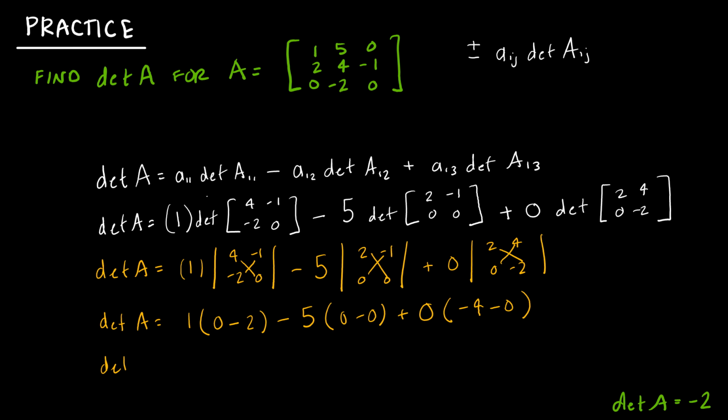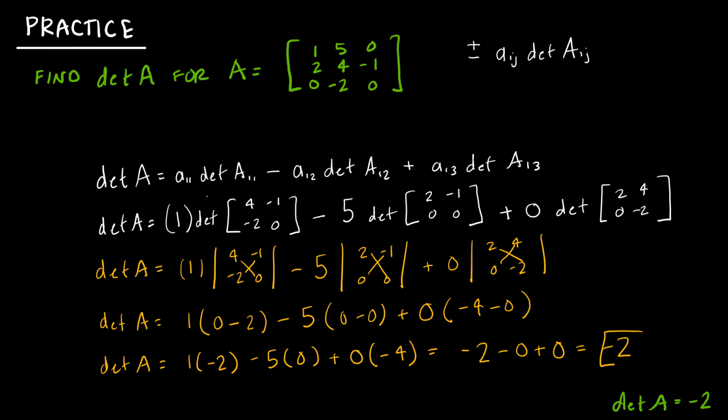So my determinant of A in this case is 1 times negative 2, minus 5 times 0, plus 0 times negative 4, which gives me negative 2 minus 0 plus 0, which is negative 2. So that means my determinant of A is negative 2, which is just fine.